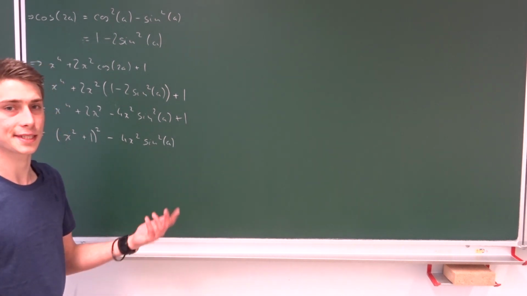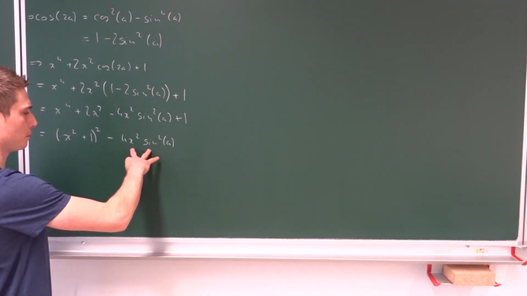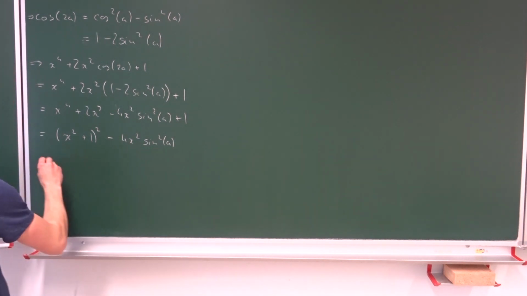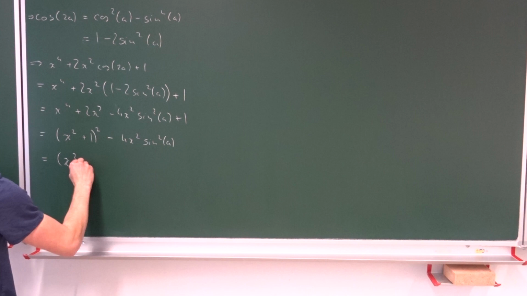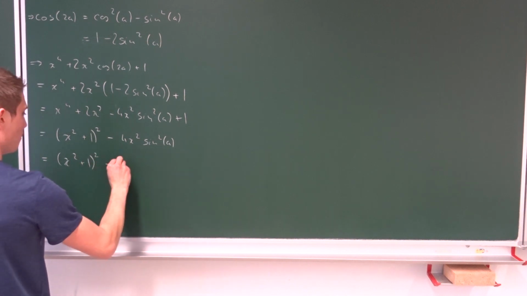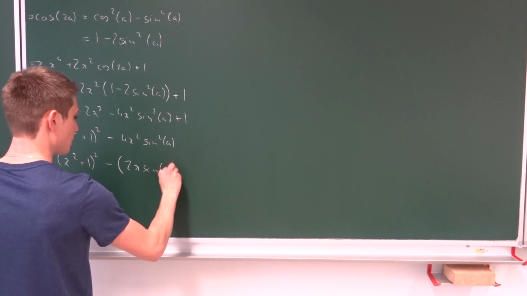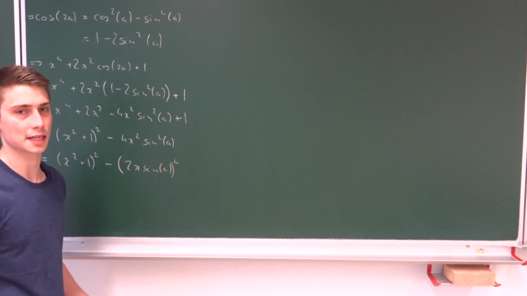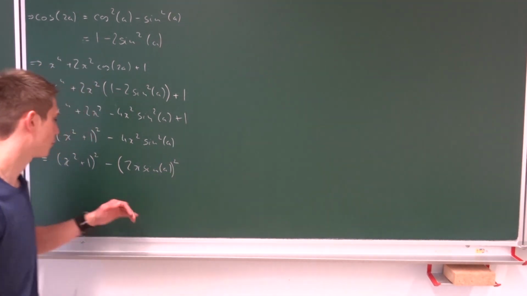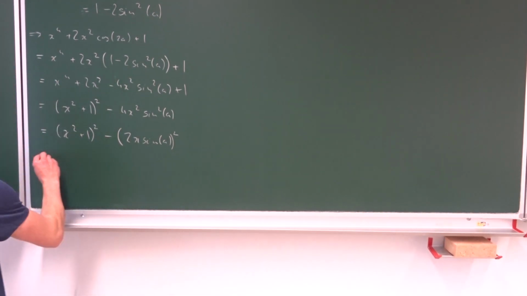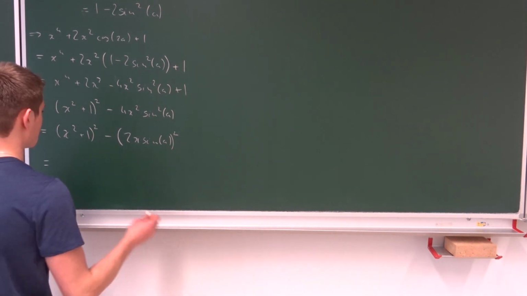And like I said, it's the difference of 2 squares because we can say this term on the right side is nothing else than x squared plus 1 squared minus 2 times x times sine of a to the 2nd power. That's the same thing. And now we can factor this one into 2 factors using the formula for the difference of 2 squares.